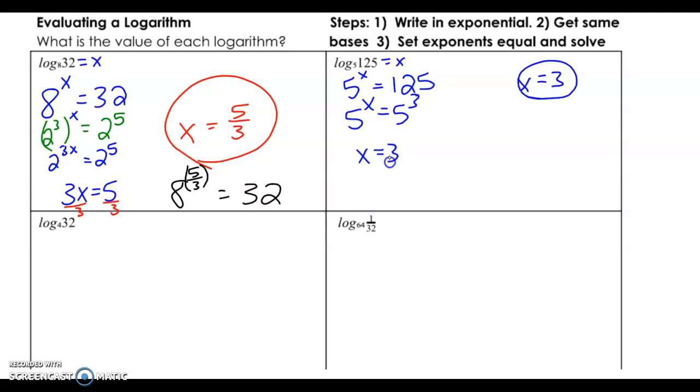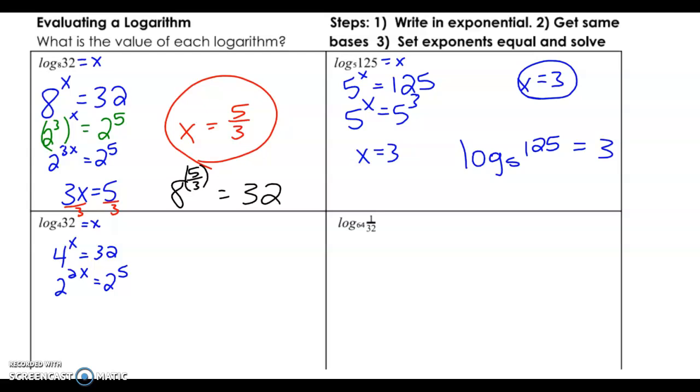So then our exponent must be 3. So we don't have a way to do this on our calculator, but now we figured out that logarithm base 5 of 125 is just 3. All right, why don't you pause the video and try the next one?